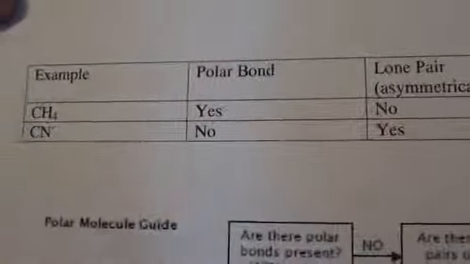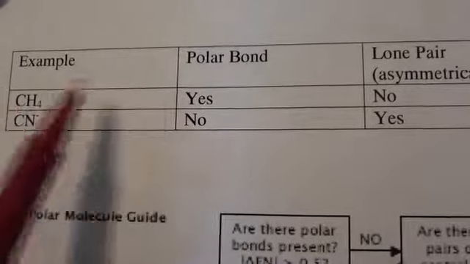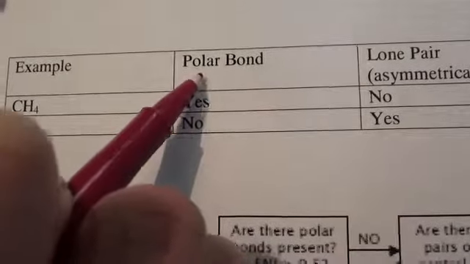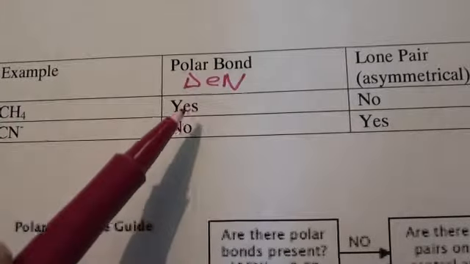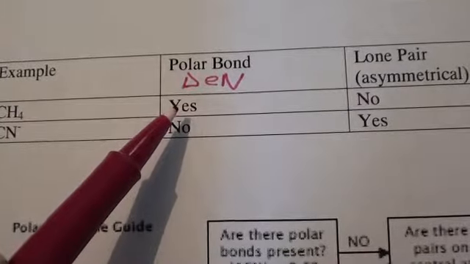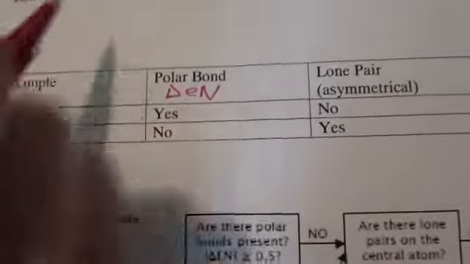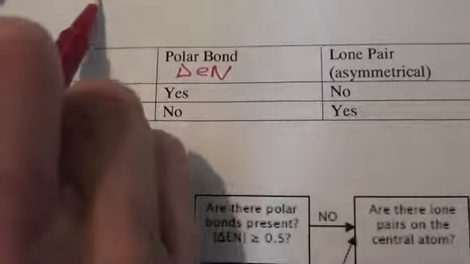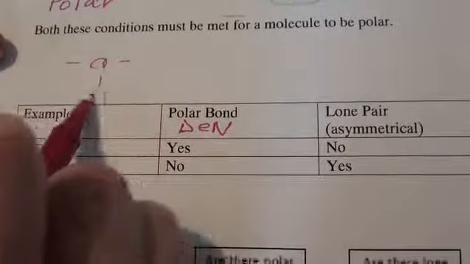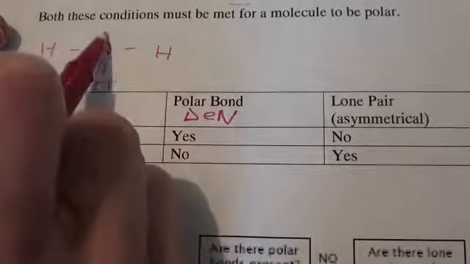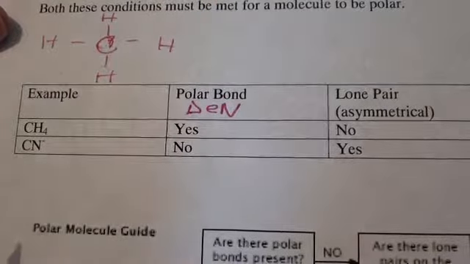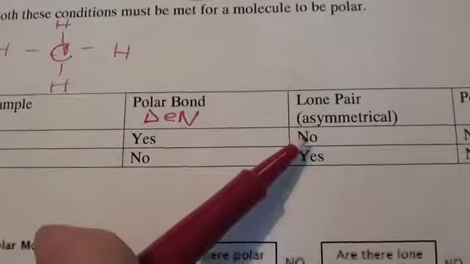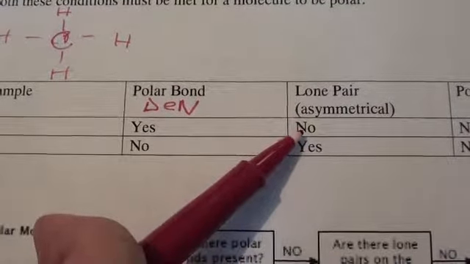Here's an example for you. CH4 has a polar bond, and I knew this because I checked out the delta electronegativity and it told me that it was a polar bond. However, CH4 does not contain any lone pairs, so it is not asymmetrical.